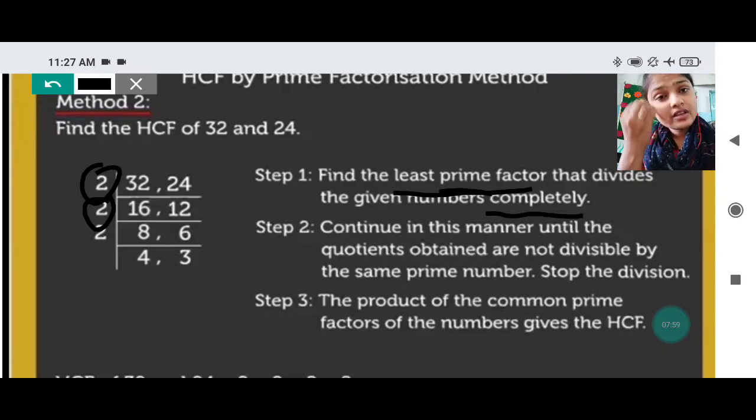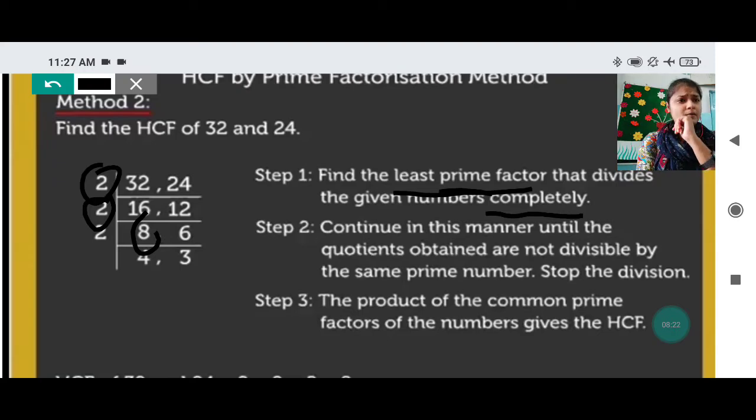So you can see, 16 we have divided by 2 and got 8. Again I have divided 12 by 2 and got 6. I have written both the numbers. Then I see that 8 and 6 are divisible by 2. So 8 divided by 2 gives 4, and 6 divided by 2 gives 3.